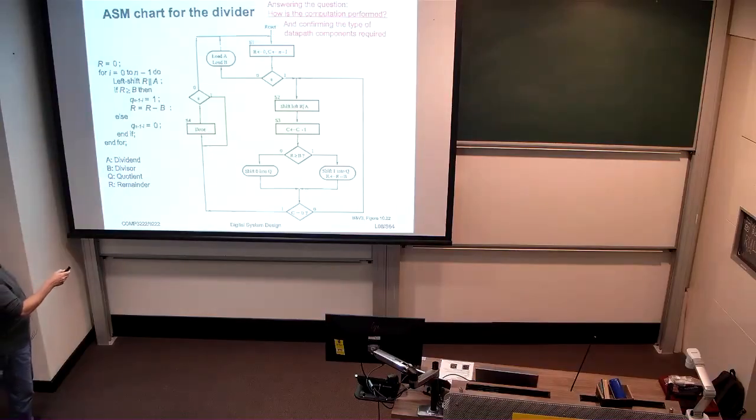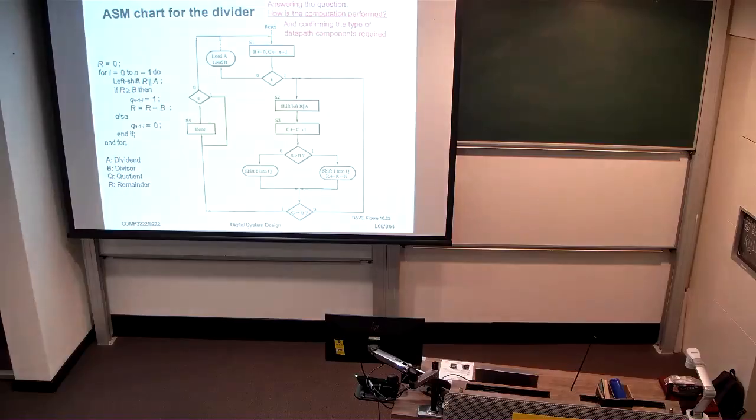So 0 being loaded into R and n minus 1 being loaded into the counter are really just the initialization of this entire process. And then states 2 and 3 really cover the for loop that we have here.